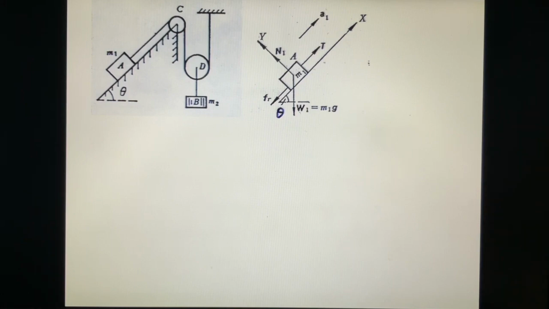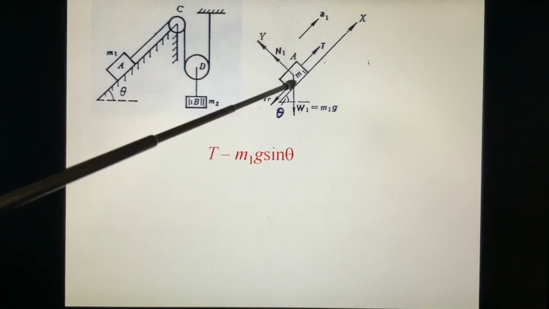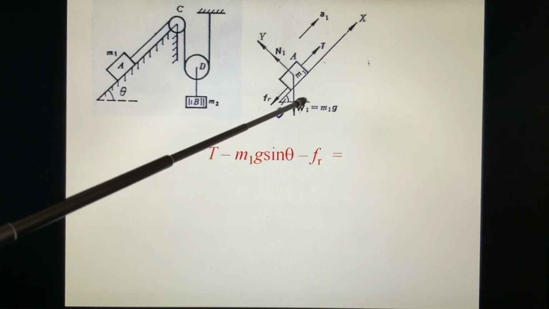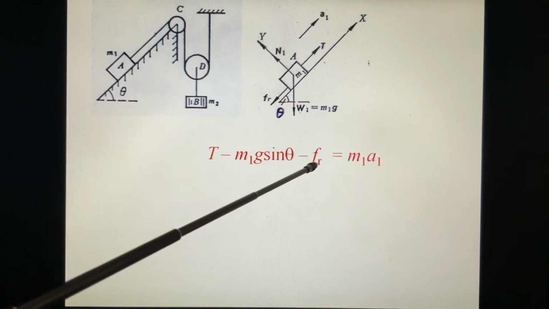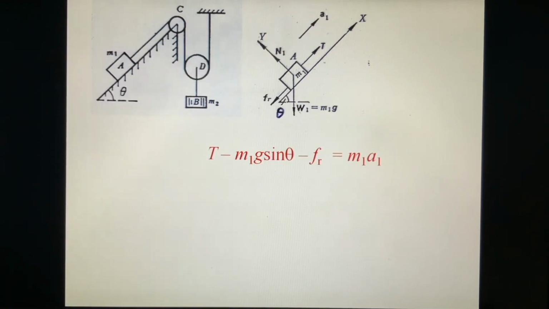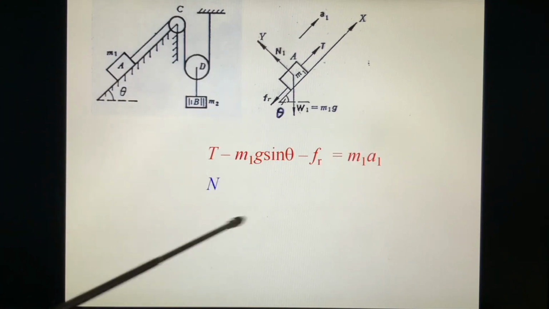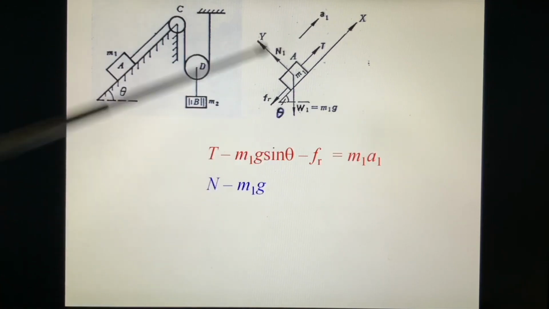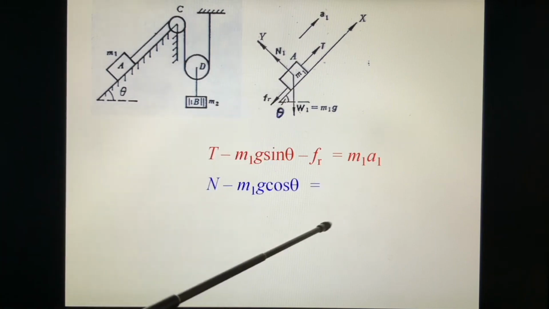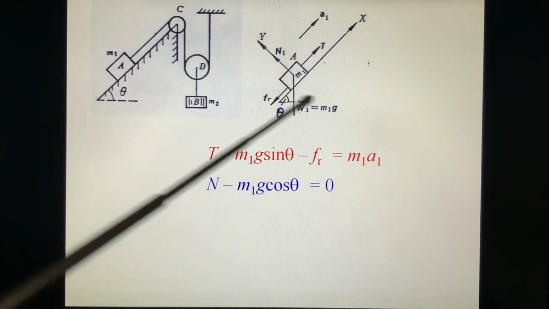Now we write the equations. Along X: T minus M1g sine theta minus friction F equal to M1A1. Vertically: N minus M1g cosine theta equal to 0, because along this direction there is no motion at all, no acceleration.